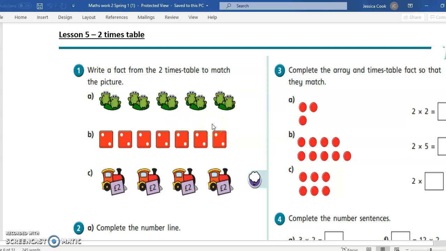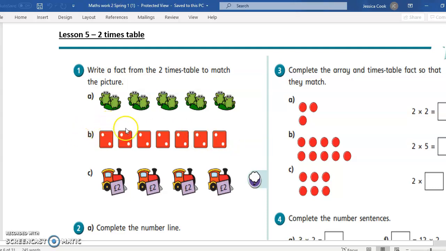As a multiplication, I would write that as 5 times 2, wouldn't I? And the times symbol is here. Can you see that here? It's a cross. Then we've got here 2, 4, 6, 8, 10, 12, 14. But how many dice have we got? Let's do how many dice have we got first.